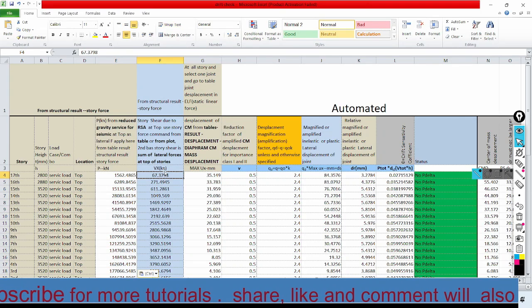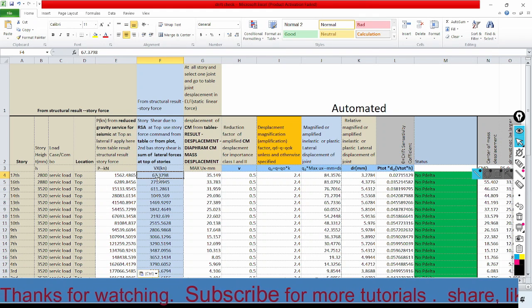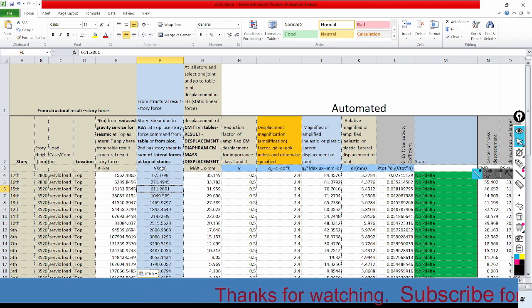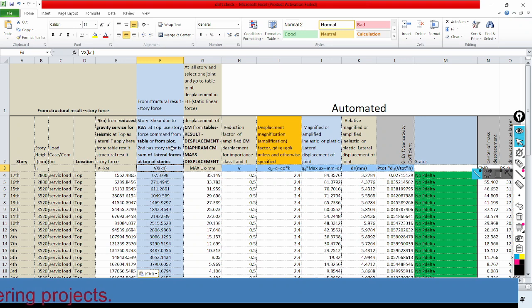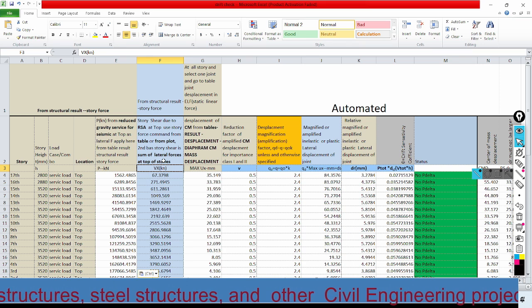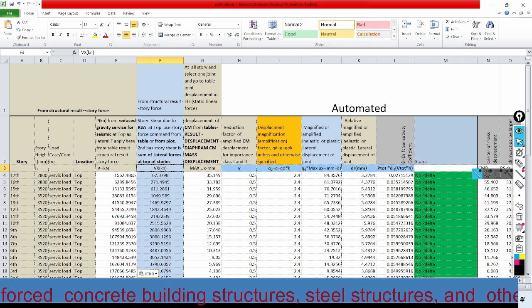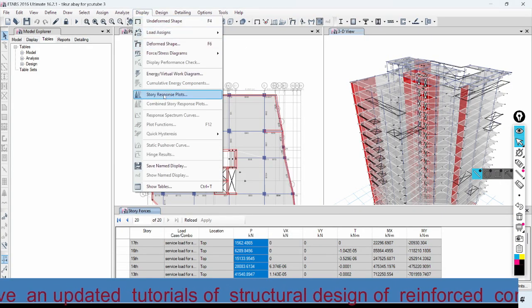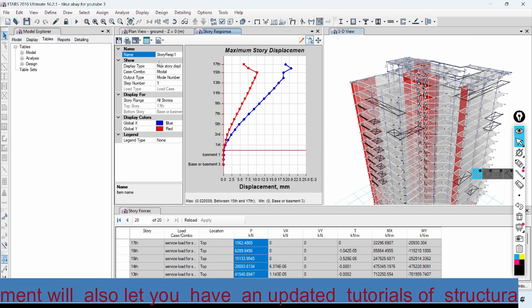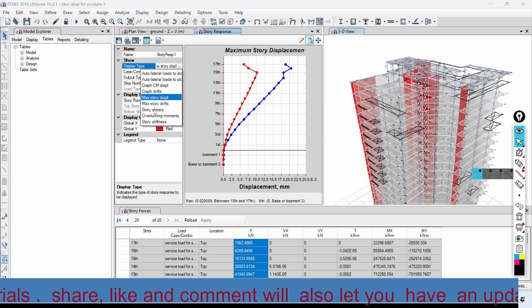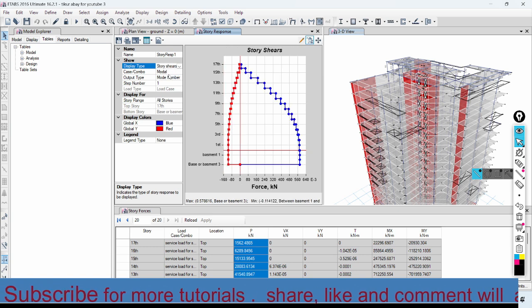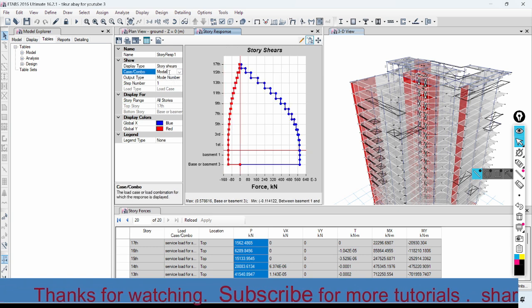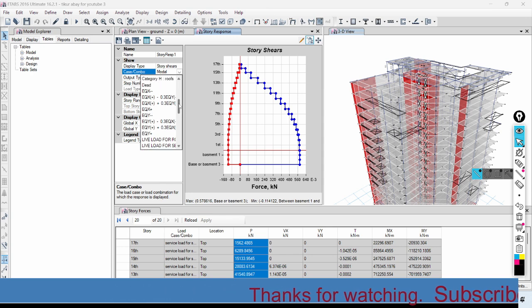Just come back again, and I need to extract the story shear from ETABS. So to do this, I can go to the plot, display graph here. Go to display. Here, just come to here and here this is solution, and the load combination has to be response spectrum.